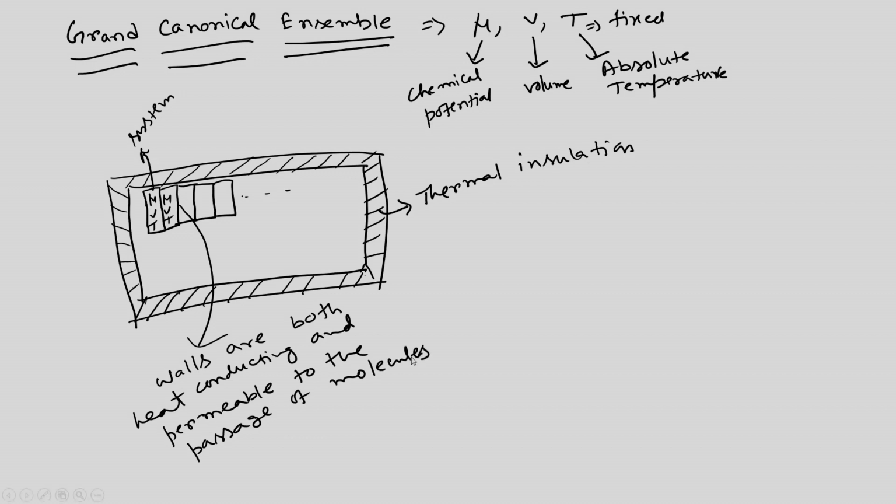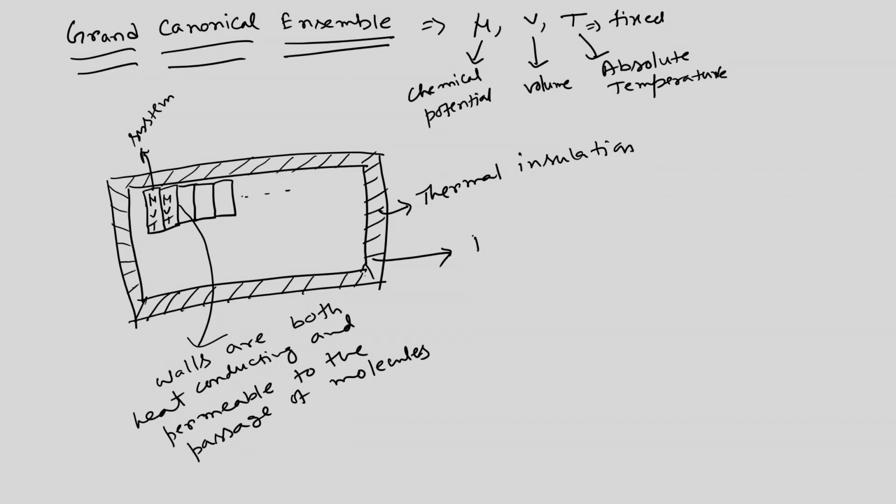Okay, so through this wall both heat and matter exchange are possible. So, this grand canonical ensemble is applicable to open systems. Okay. And the whole thing is isolated from the surroundings.